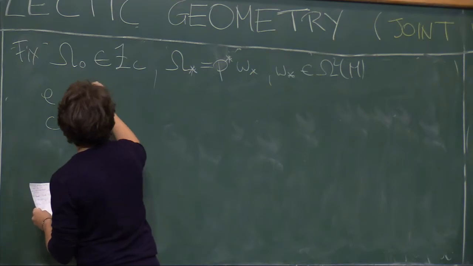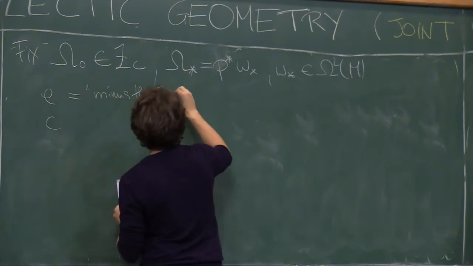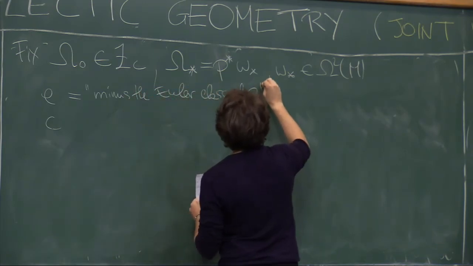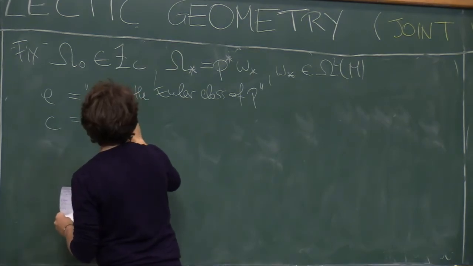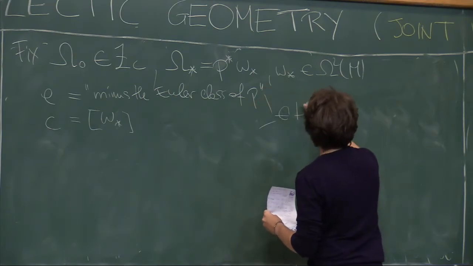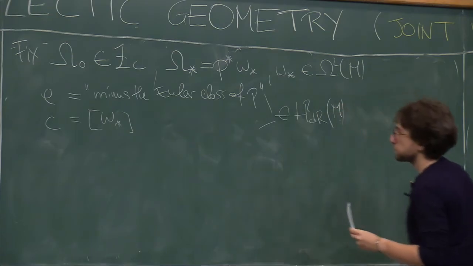E is just minus the Euler class of P, while C is the cohomology class of this small omega star. And these are both in H2 de Rham of M.